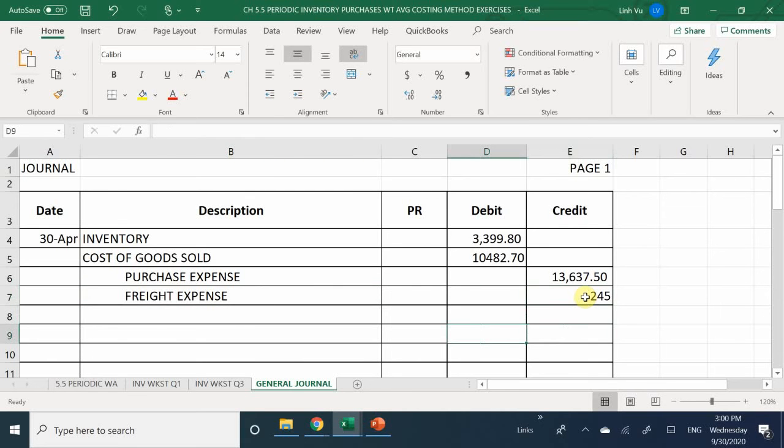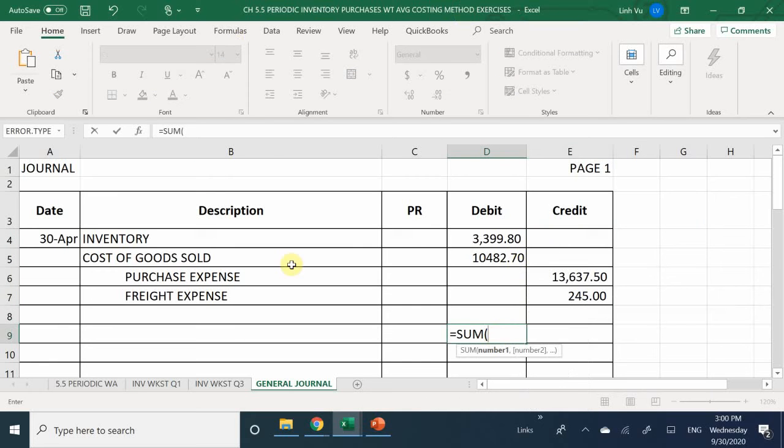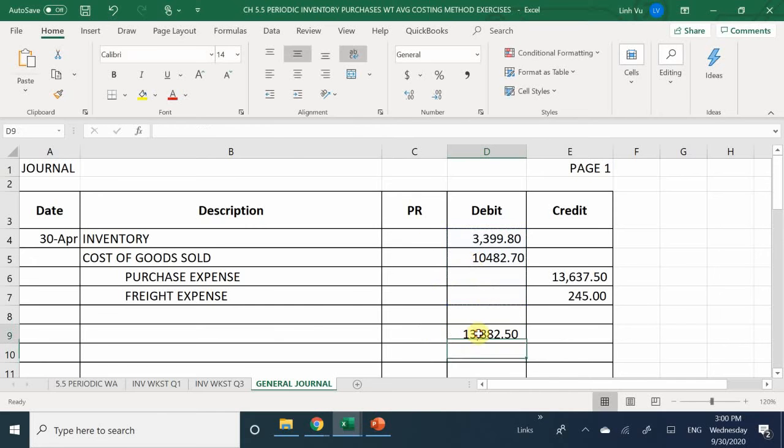All right, go ahead and double check to see if your debits and credits match. Yes, they do. They're both the $13,882.50.